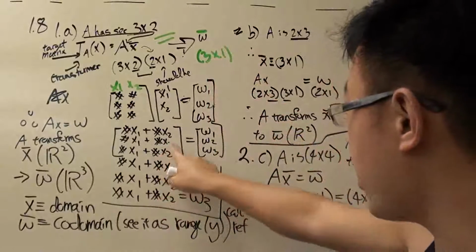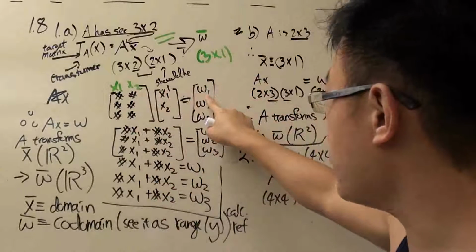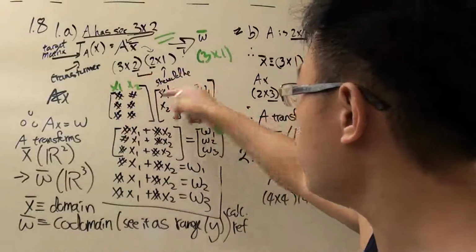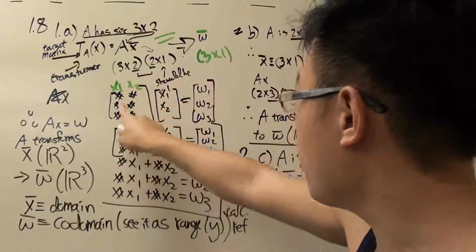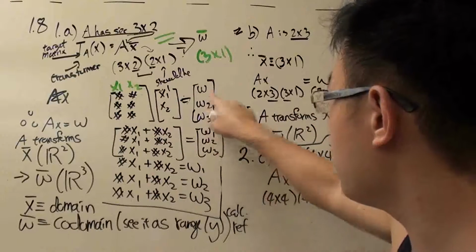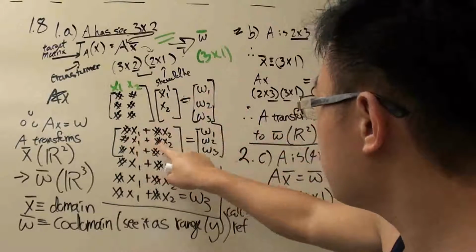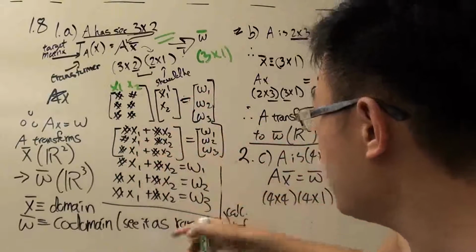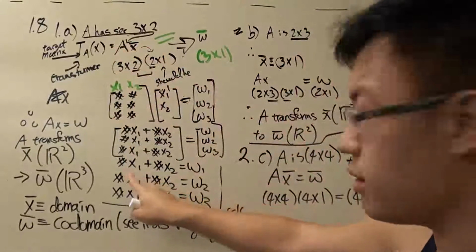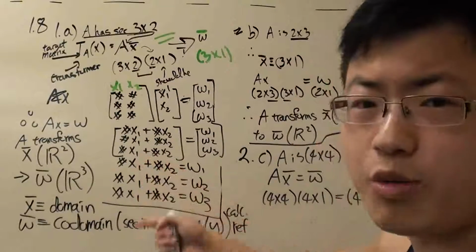Let's look at this one. Basically, you're going to multiply this with this standard matrix. Whatever number x1 and whatever number x2 will give me w1, and then the same repeats. So really, this fancy thing is just the same question that we've been solving for ages.